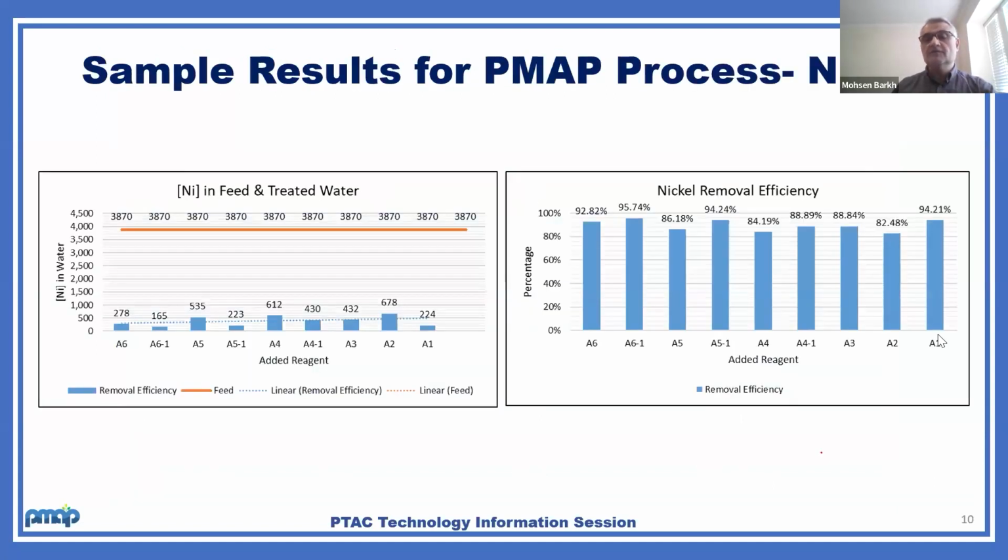Just to give a flavor of what we can do, in some of the cases that we have something around 3,870 milligrams per liter of nickel in the water, we drop it to 165 milligrams per liter, which means something around 95% removal for the nickel.